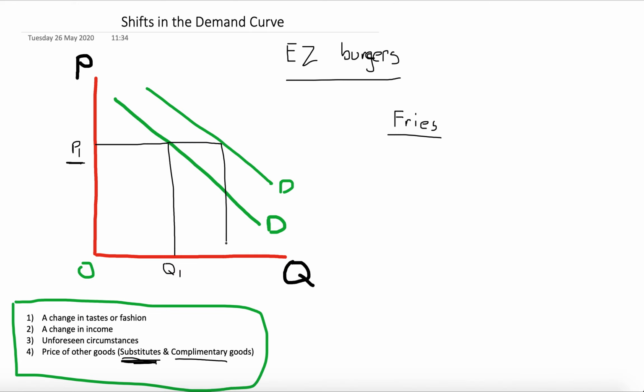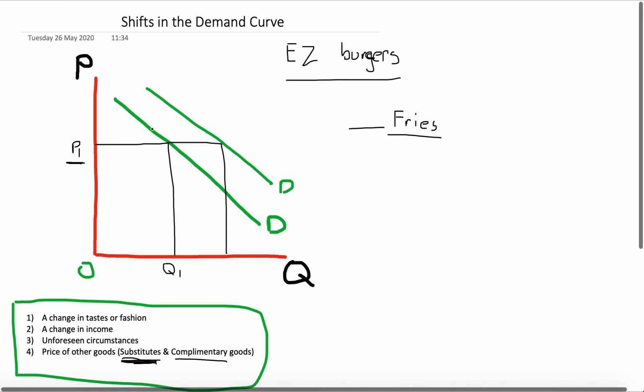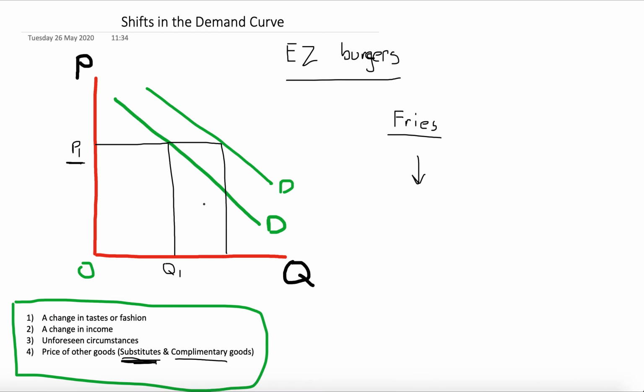So the price of our burger has stayed the same, but the price of fries has fallen, okay? So I'll draw a little arrow. The price has fallen. So therefore, D1, therefore the quantity of burgers has increased, okay? What if the price of fries were to increase?